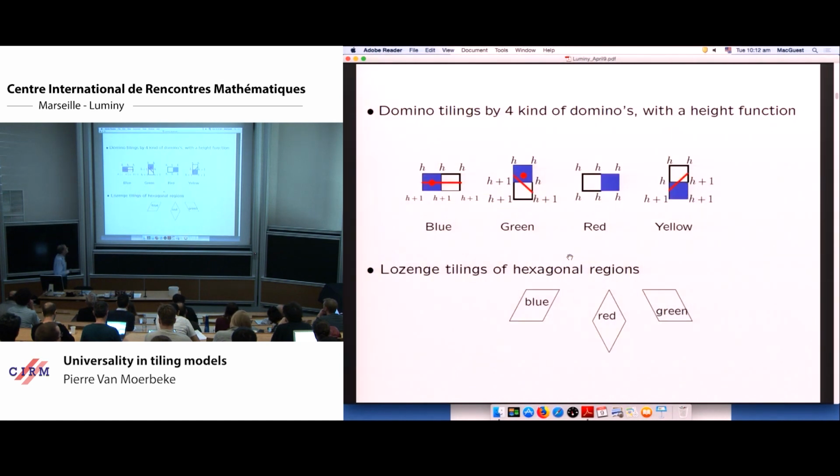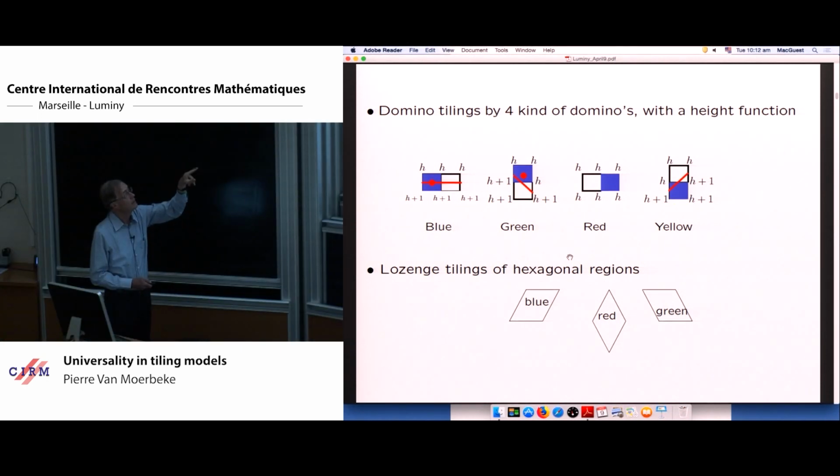Now, there are four kinds of dominoes. It can be horizontal, black on the left, blue on the left, and blue on the right, and it can be vertical, blue on top and blue below. There's a way you can assign colors to them.